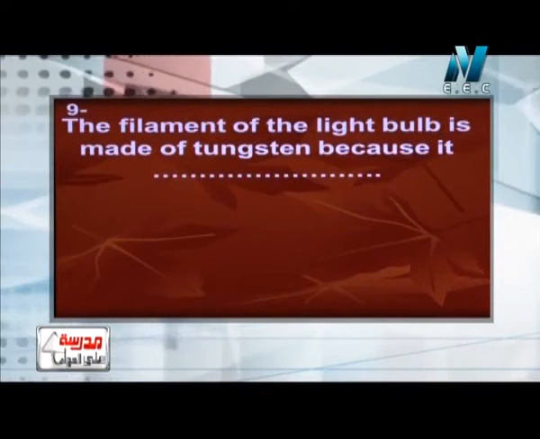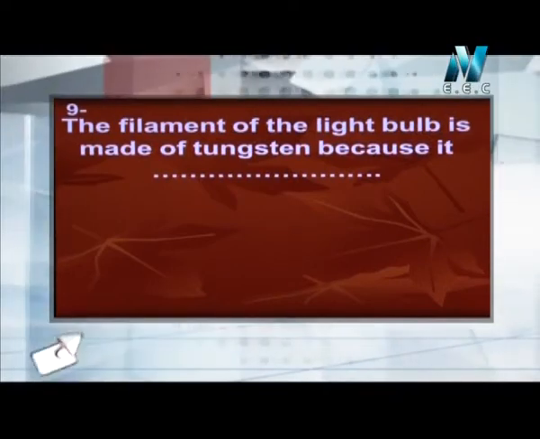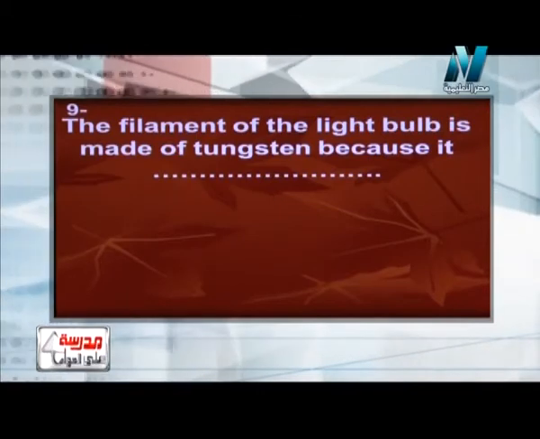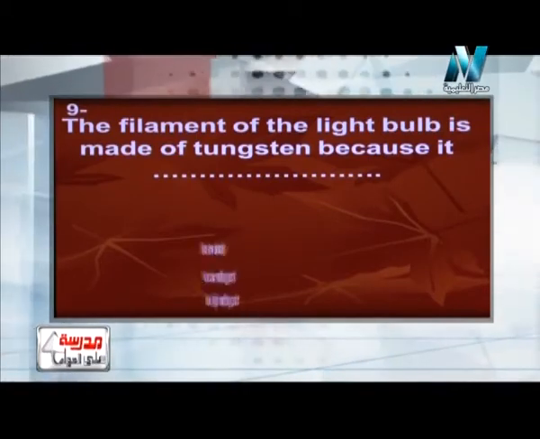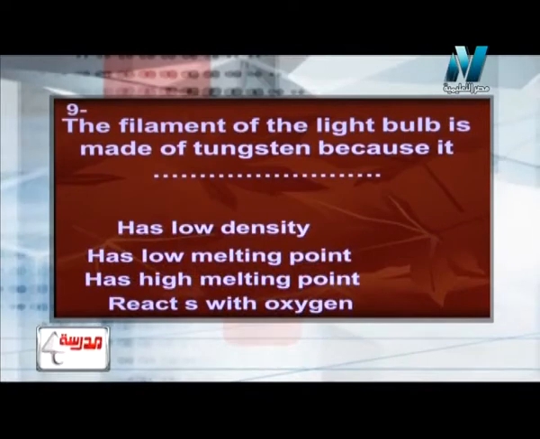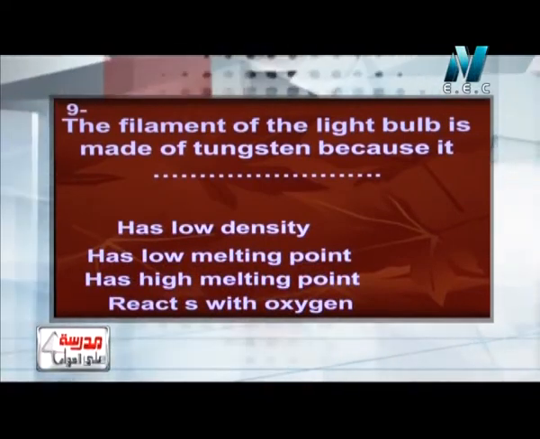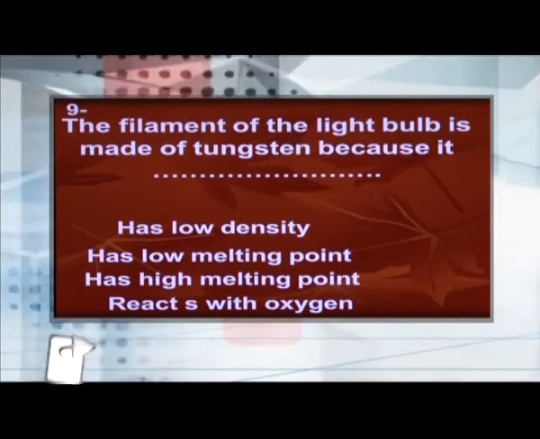Another question says that the filament of the light bulb is made of tungsten because it has low density, low melting point, high melting point, or it reacts with oxygen.